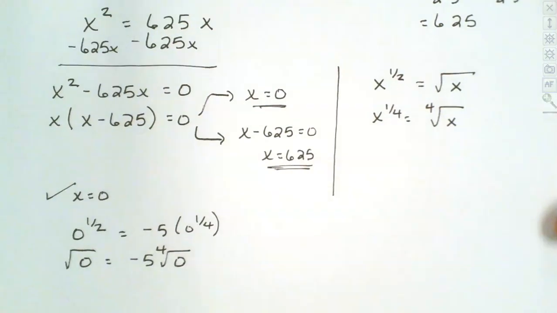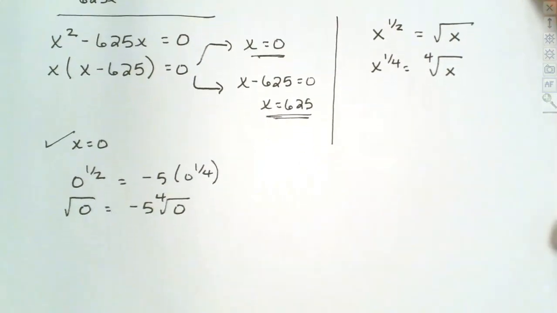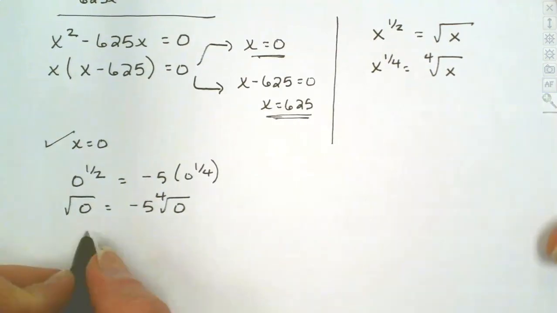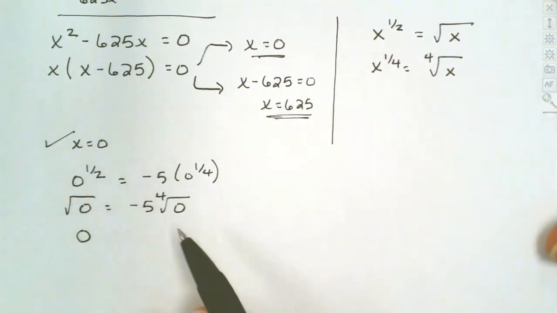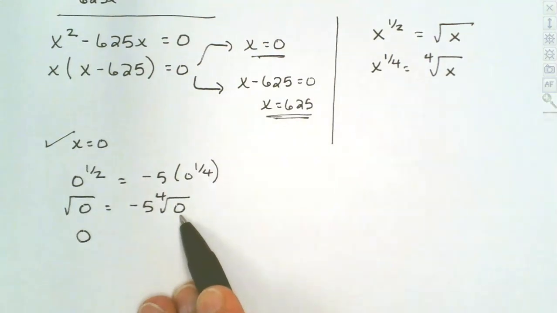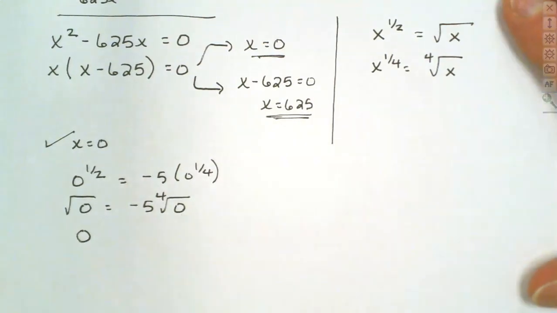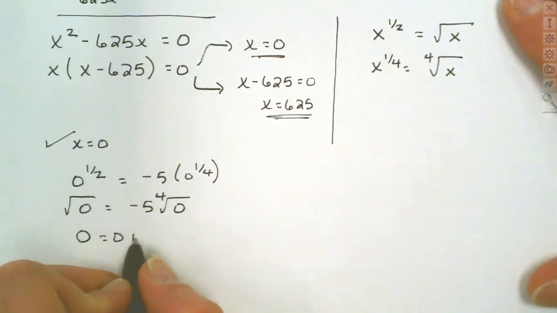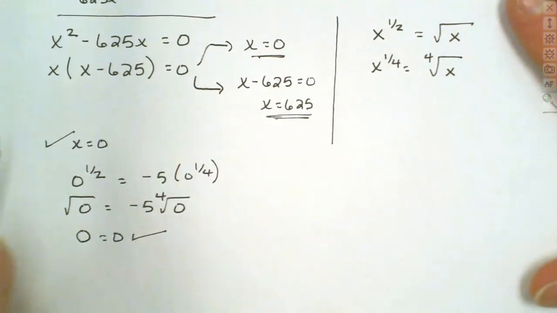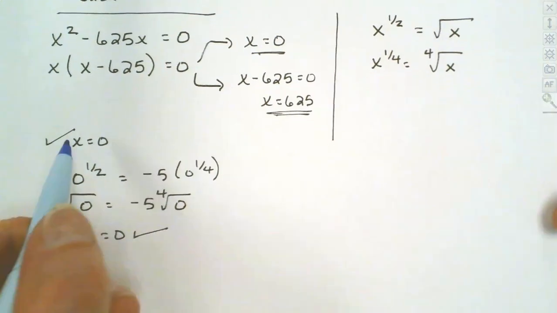Now, I think 0 is going to work. They say it doesn't. I think they just disregarded that solution. But what's the square root of 0? 0. Okay. And what's the 4th root of 0? 0. 0 times a negative 5 is still what? 0. So the sides match. So one solution is 0.